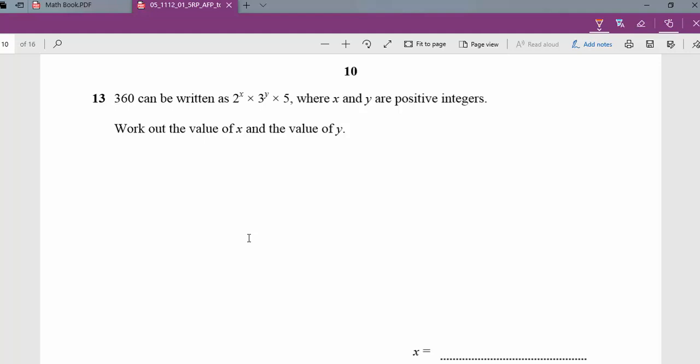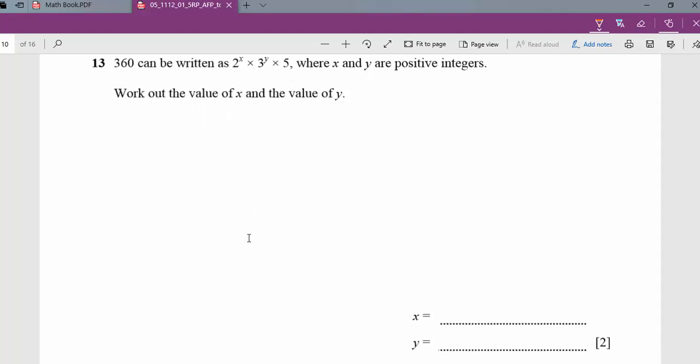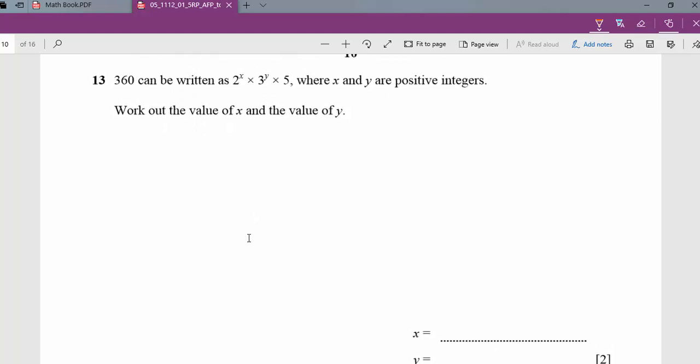360 can be written as 2 to the power of x times 3 to the power of y times 5, where x and y are positive integers. Work out the value of x and y. So when you look at this question, it sounds like prime factorization.